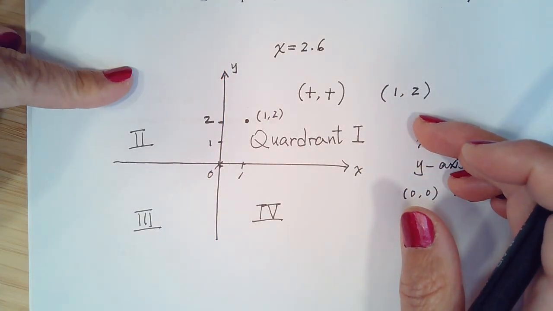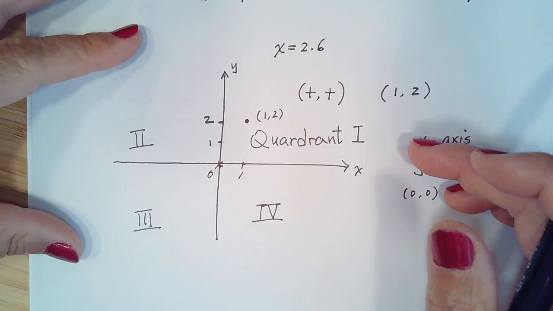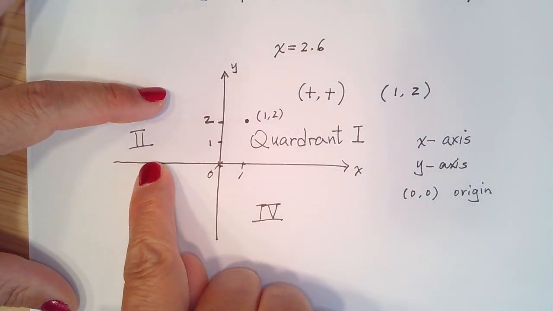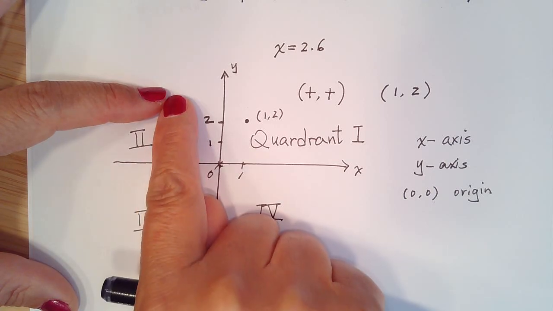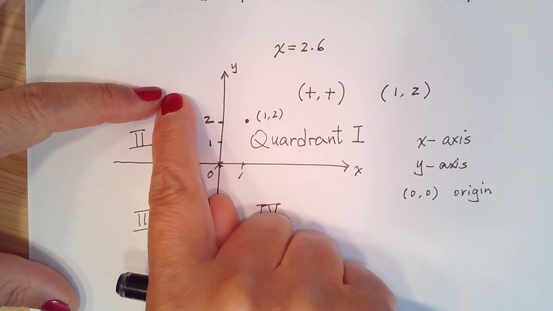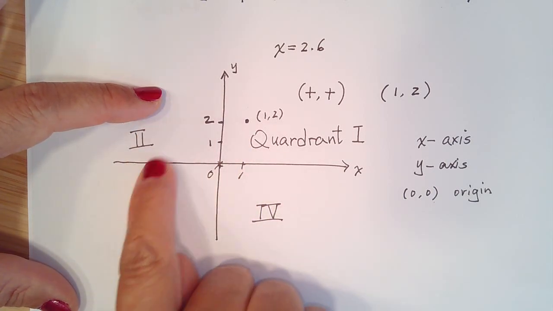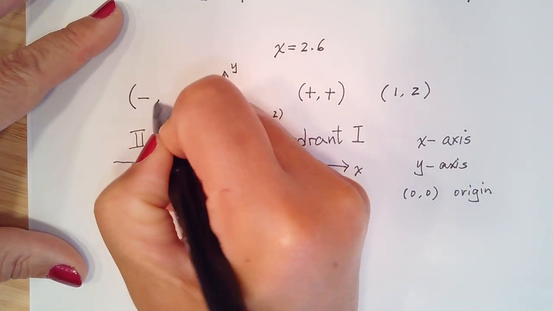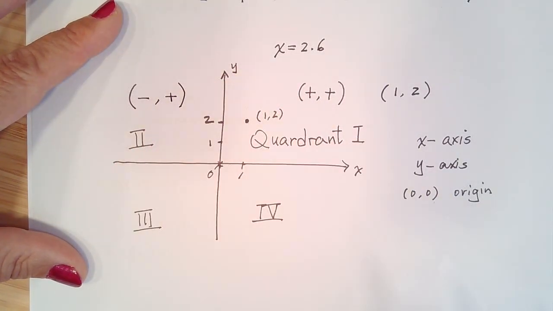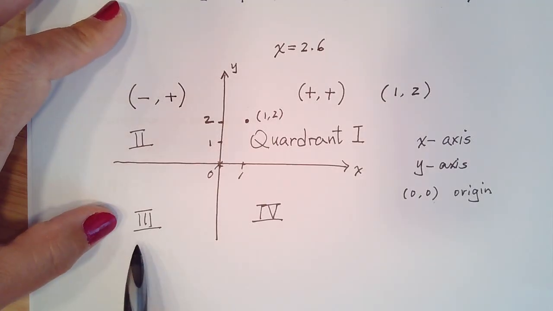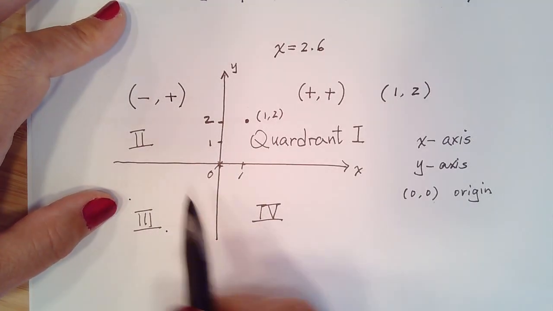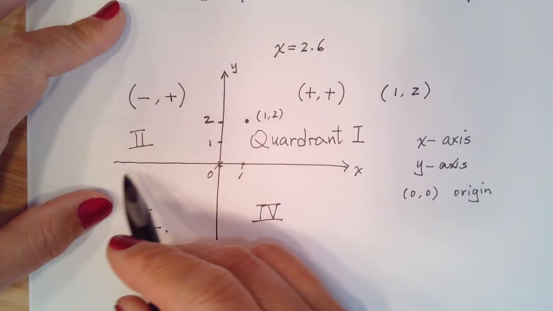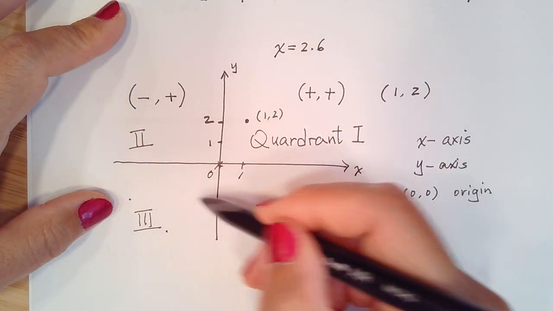What about quadrant 2? For any point here, their x-coordinate is negative and their y-coordinate is positive. So we have negative, positive. And for this one, any point here, the reflection on the x-axis is negative, and on the y-axis is also negative.